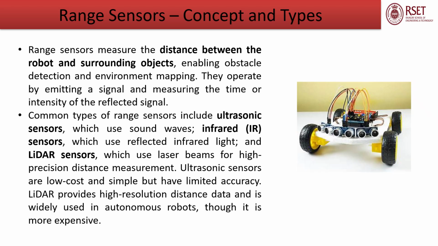Common types of range sensors include ultrasonic sensors, which use sound waves, infrared sensors, which use reflected infrared light, and LIDAR sensors, which use laser beams for high precision distance measurement. Ultrasonic sensors are low cost and simple but have limited accuracy. LIDAR provides high resolution distance data and is widely used in autonomous robots, though it is more expensive.